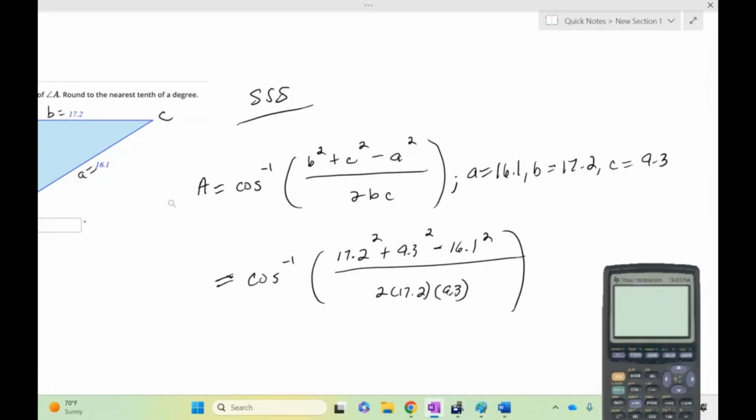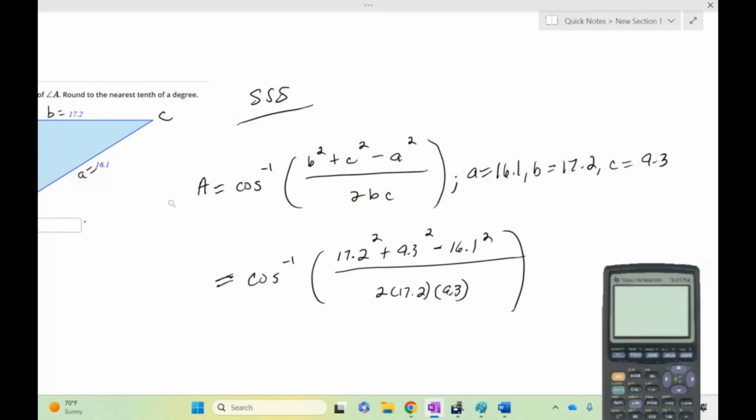The arc cosine of 17.2 squared plus 9.3 squared minus 16.1 squared divided by 2 times 17.2 times 9.3.